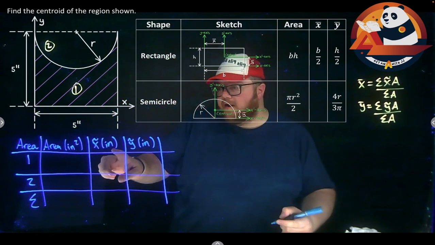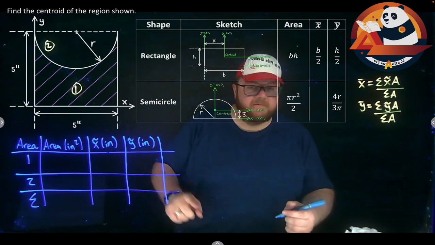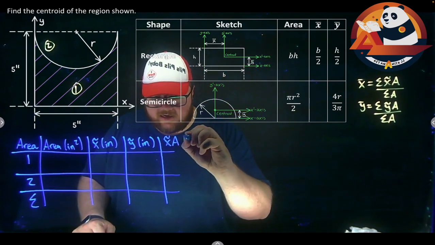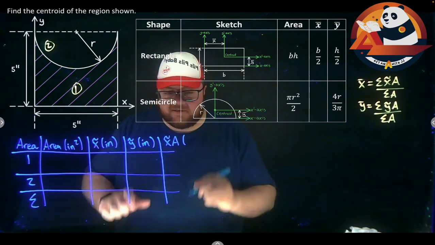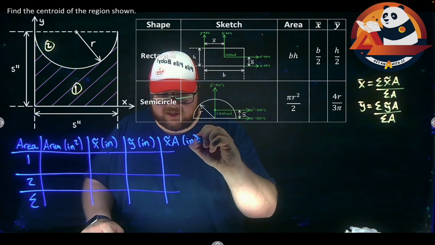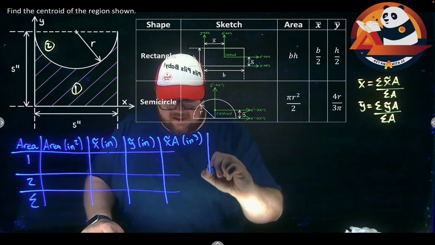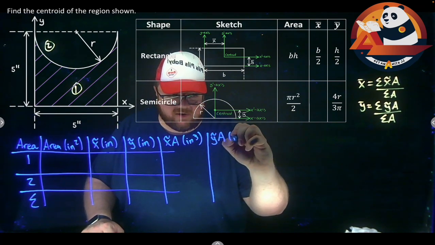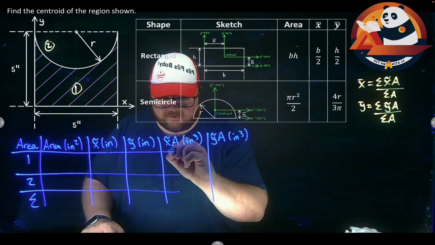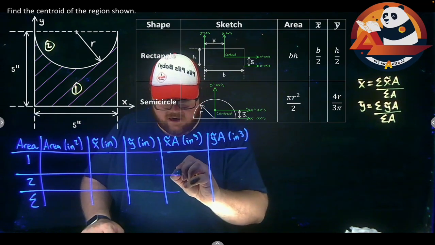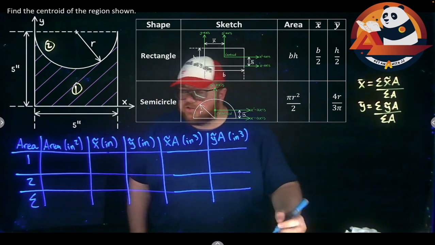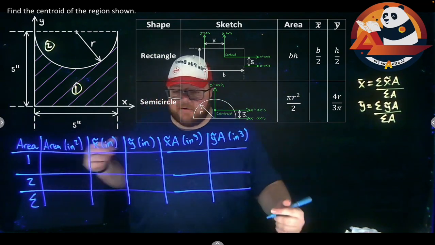Then we can multiply our area column by these two to get x tilde A, in inches squared times inches, which gets us cubic inches, and finally y tilde A, also in cubic inches. That would be our setup, so let's fill in this table and we'll have our problem knocked out.